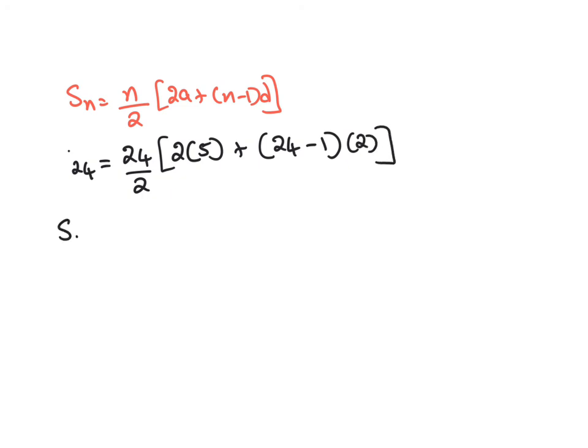Now when you simplify this, S24 is going to be 672. So the sum of the first 24 terms is 672. Good.